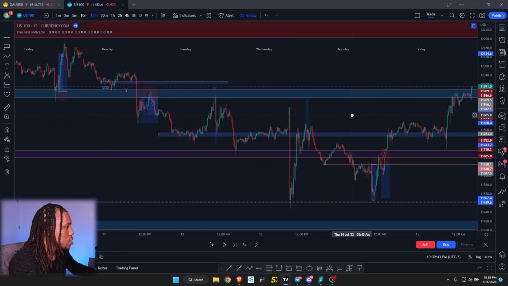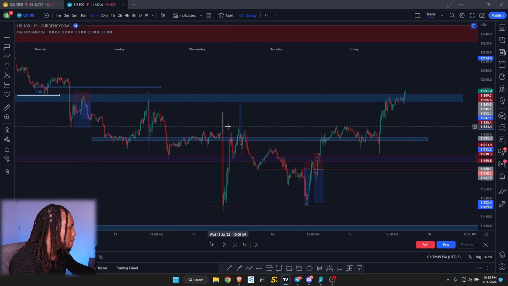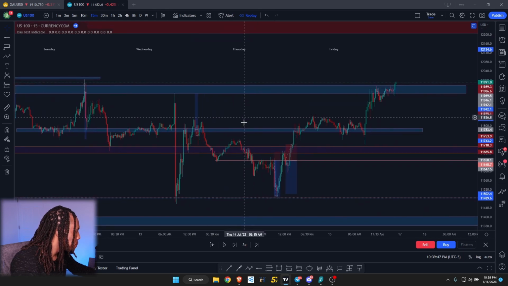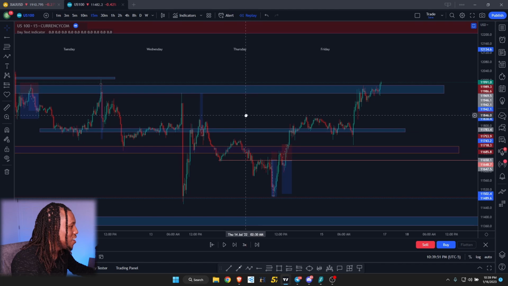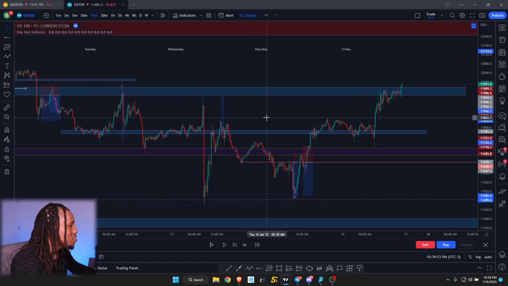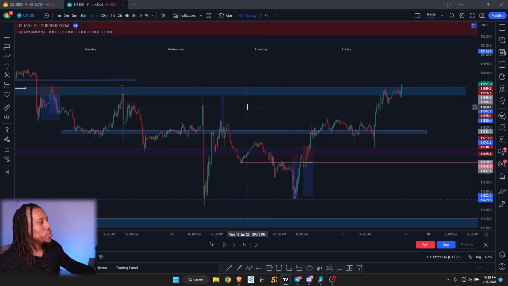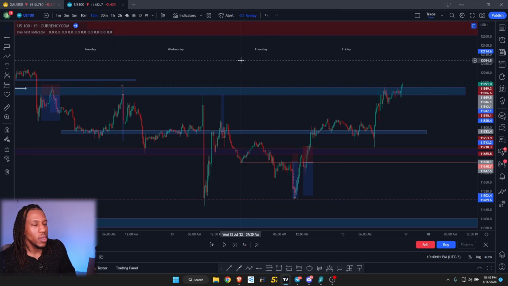And we had 3 winning trades and 3 losing trades, but ultimately still in a profitable position based on the risk to reward.